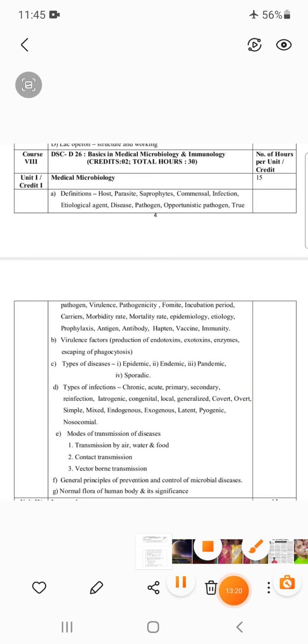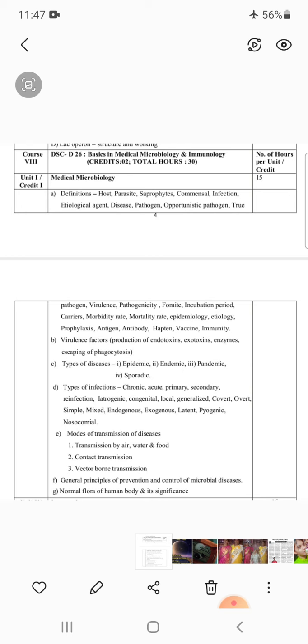Okay, next one is covert infection. It is a latent infection, known as a covert infection. Next one is overt infection. It is the infection caused due to exposure to a particular organism, known as an overt infection.